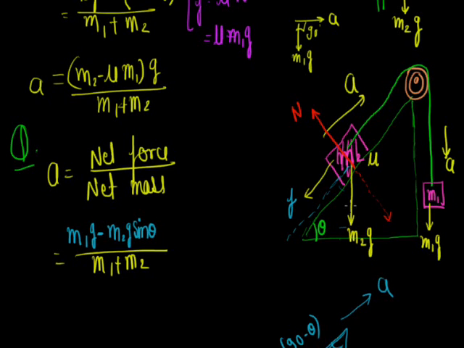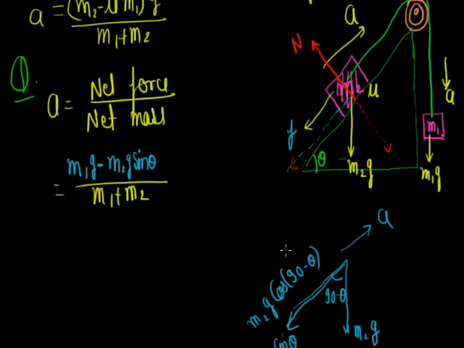The component along the surface was M2G cos 90 minus theta, which is sin theta, but we want to take the component of M2G in the perpendicular direction, so we can write it as M2G sin 90 minus theta, and M2G sin 90 minus theta means M2G cos theta.